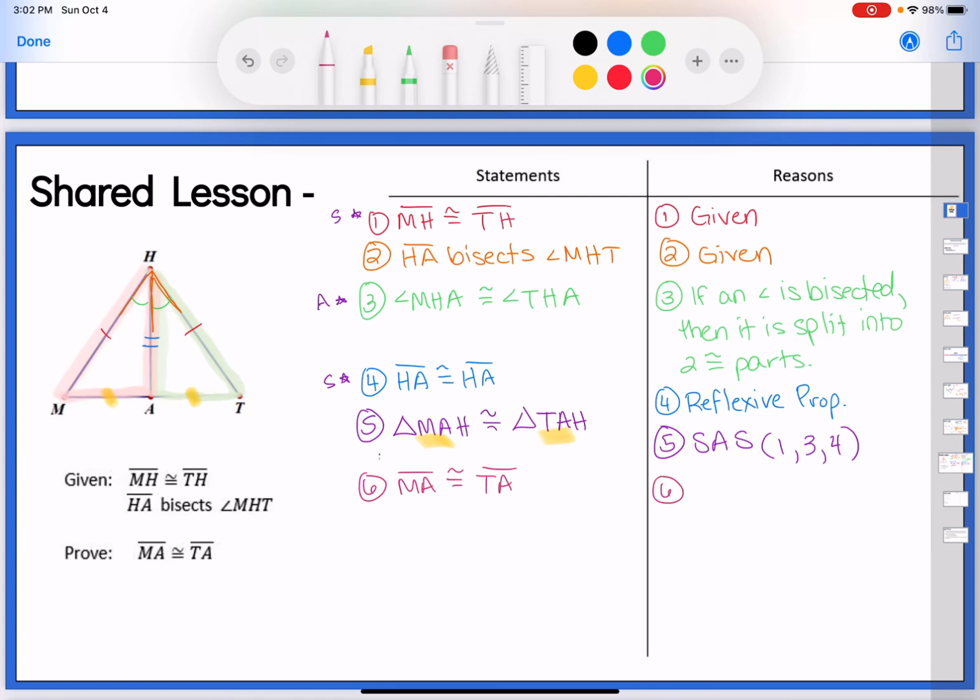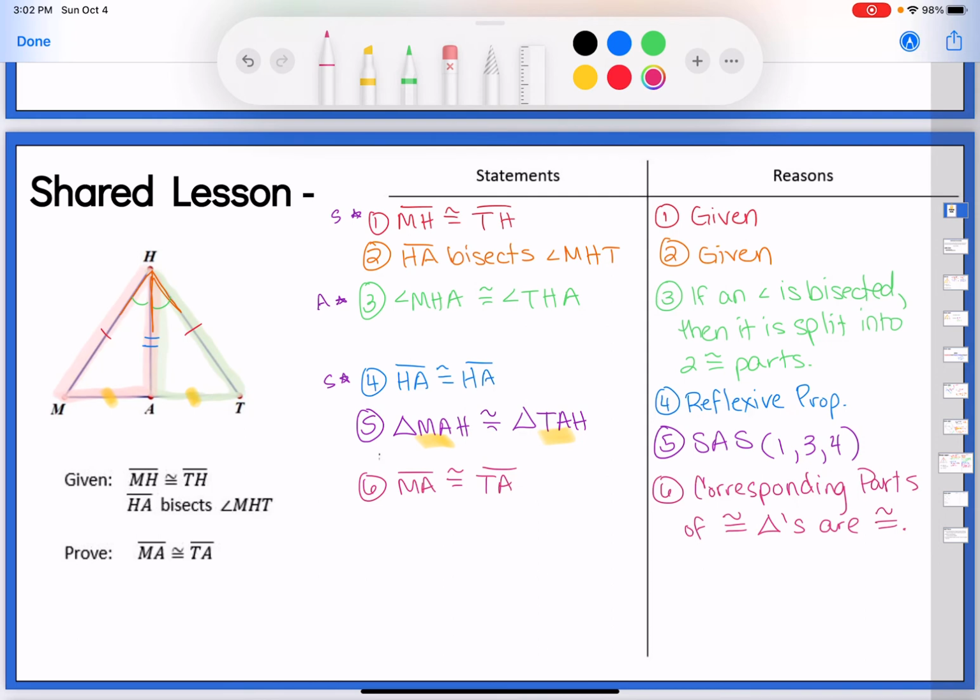And the reason is corresponding parts of congruent triangles are congruent. Now, I do want you to write this out, okay?